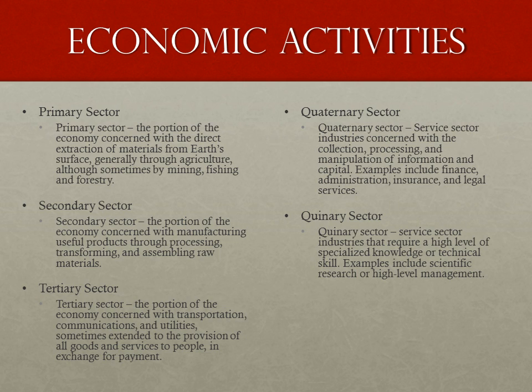Whereas someone in the quinary sector, high-level decision-making like a government official, like the President of the United States, is making decisions that are going to impact hundreds of thousands, if not millions of people. So we see a difference. There's kind of a hierarchy in terms of services and the amount of people affected by those services. Now, let's take a look at this visually.